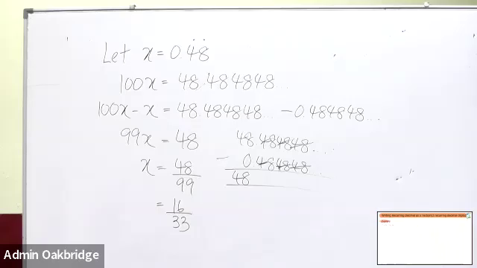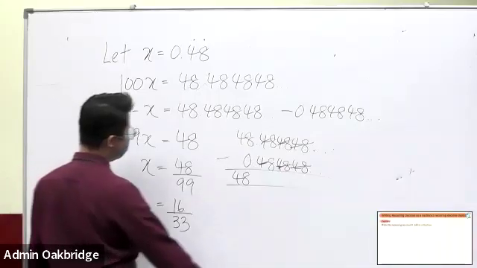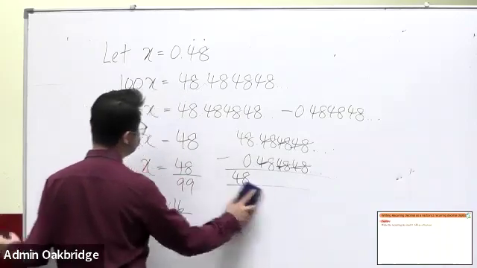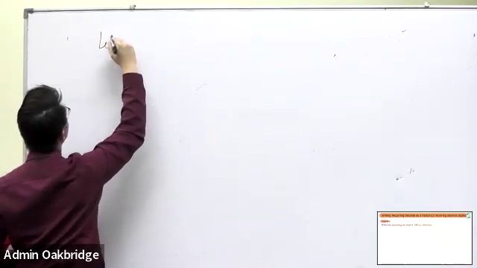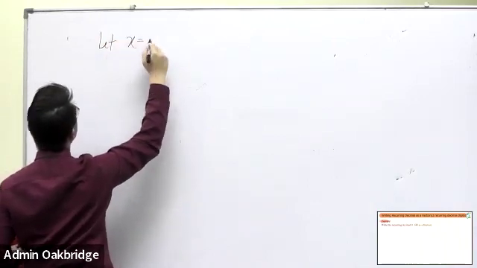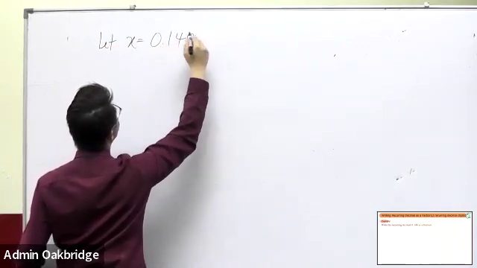All right, let's look at the next example. This is 2 recurring decimal digits with 1 fixed digit there, 0.1. Again, we let x equal 0.148.